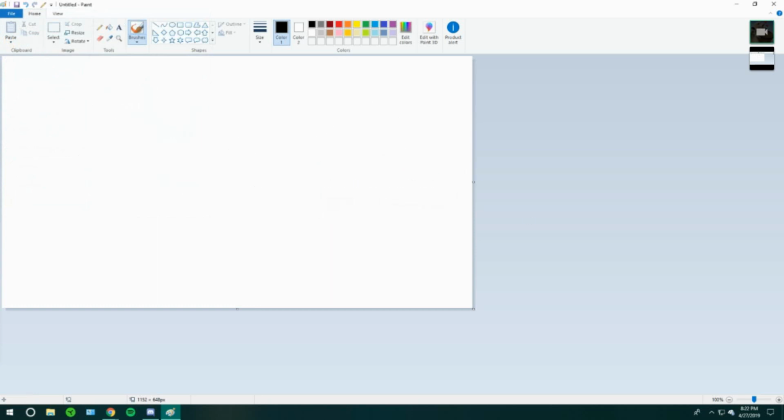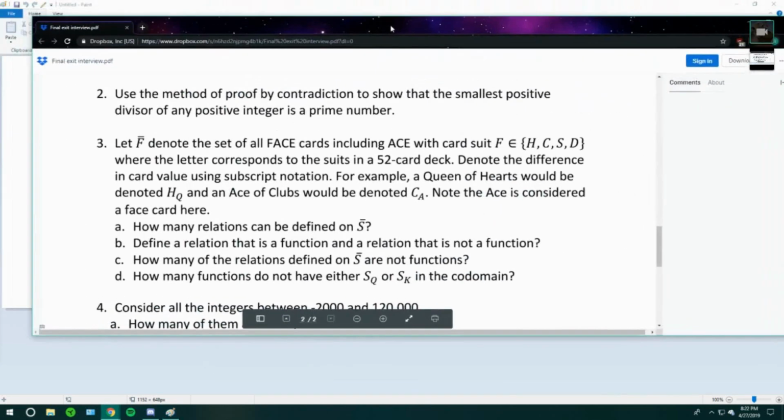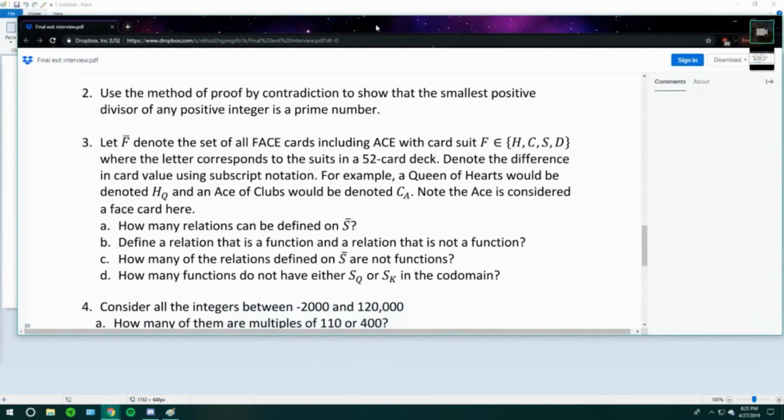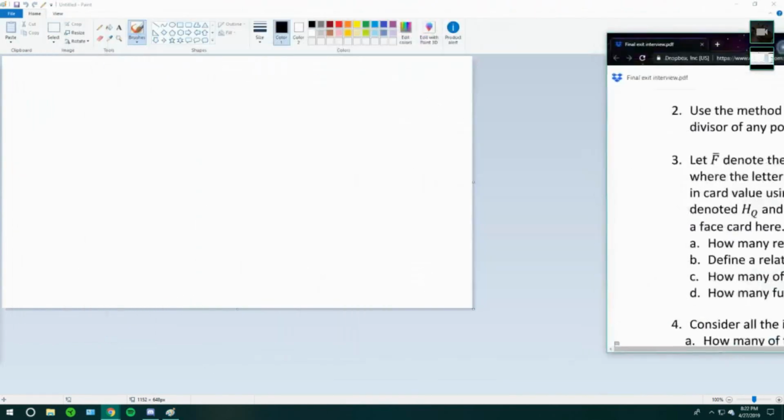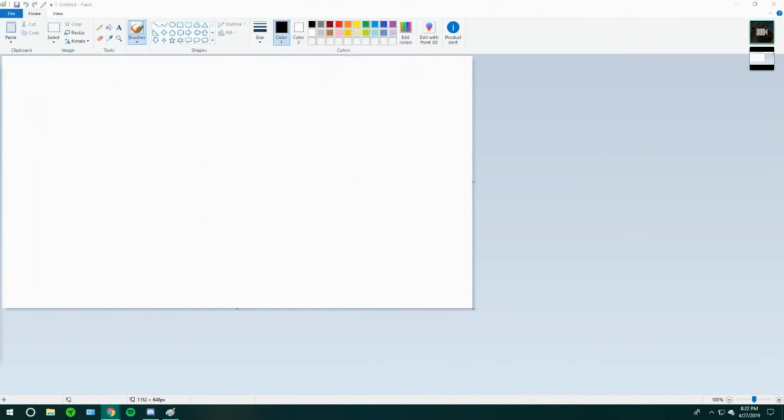And now we're going to go over to C: how many relations defined on S are not functions. We already did half of this with Treyway, who showed us how to do A. So how many relations can be defined? Remember, it was 2 to the 16th.